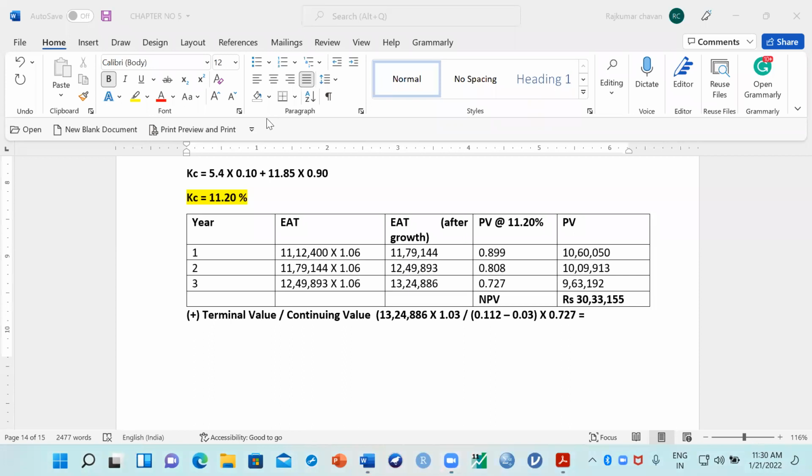Okay. What is the terminal value? A few answers I got in the chat box. Yes, Shiv Subramaniam.